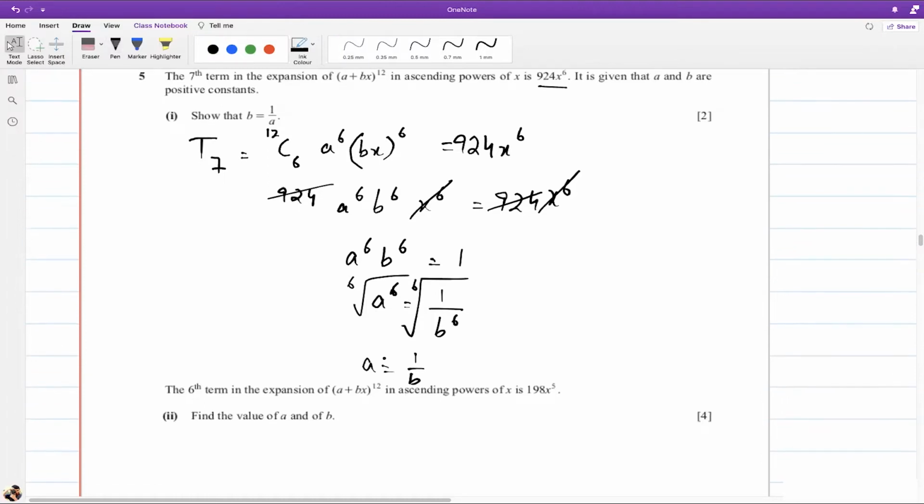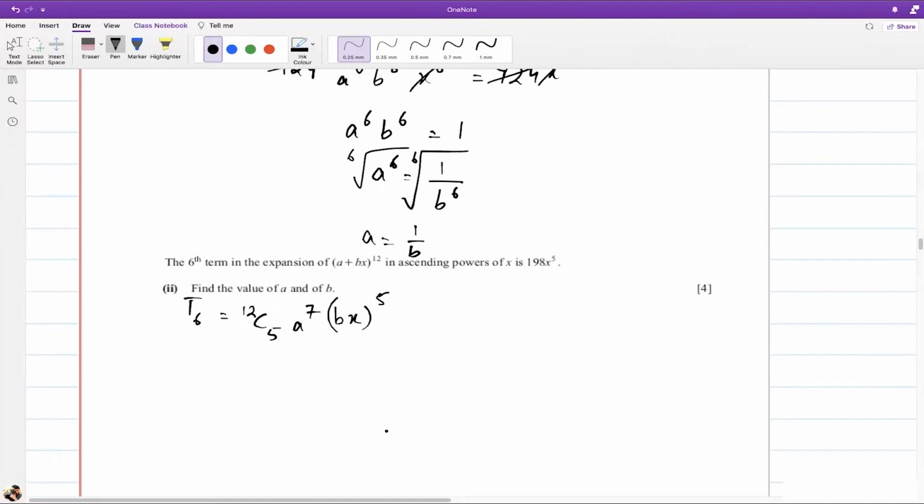Next is saying the sixth term in this expansion is 198x power 5. Value of a and b निकालें. तो sixth term मतलब term number 6 यानी कि 12c5 a to the power 7 because 12 minus 5 is 7 bx to the power 12 minus 5 basically ये जो नंबर होता है यहाँ पे आ जाता है is equal to 198x power 5. इसको सॉल्व कर लेते हैं. 12c5 क्या बनता है using a calculator?